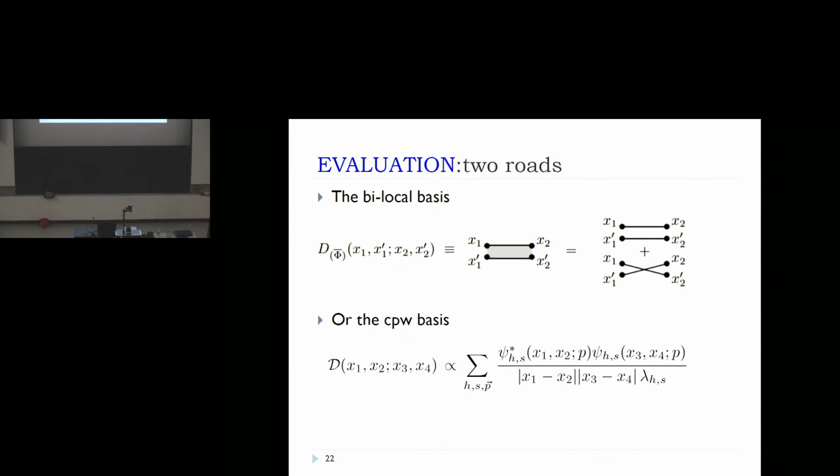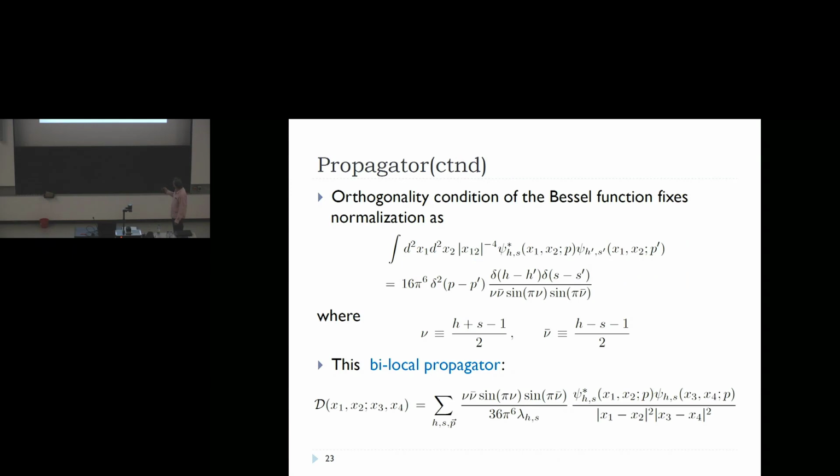One basis is the Cartesian bilocal basis, the X-basis, the CFT basis in a way. And the second one is the CPW basis of conformal partial waves. You can calculate the same quantity in either one of those bases. You will get different expressions, and in a way you will deduce some identities which are known in expansion in partial waves. So this will be the propagator, but I don't have time.